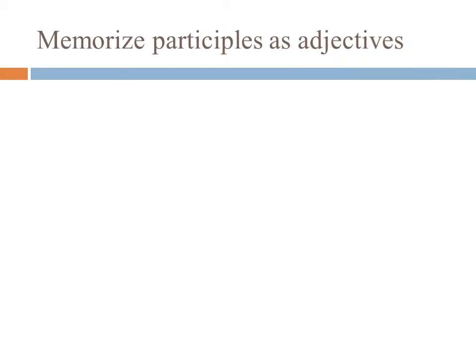So one way to memorize this, the easiest way to memorize this, is don't memorize all these endings. Remember, the endings are actually the present active participle of luo. So what you want to do is learn these as adjectives rather than going through and thinking, I have to go through these tables.